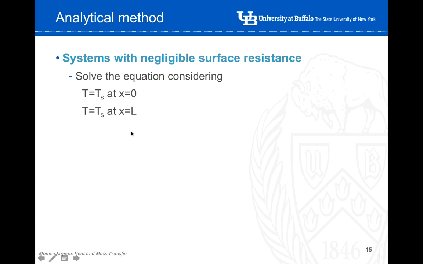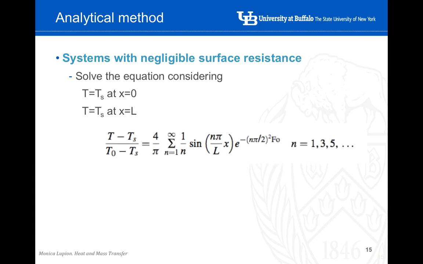We only need to worry about the position. This is an example of a solution once we apply the analytical methodology in a flat slab. You can take a look at the details in your textbook.